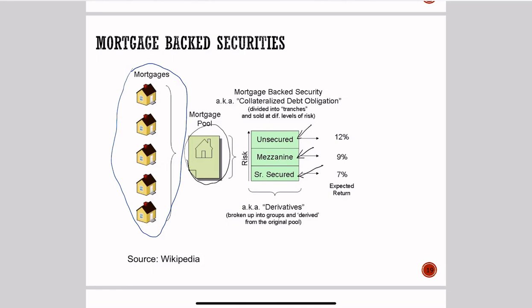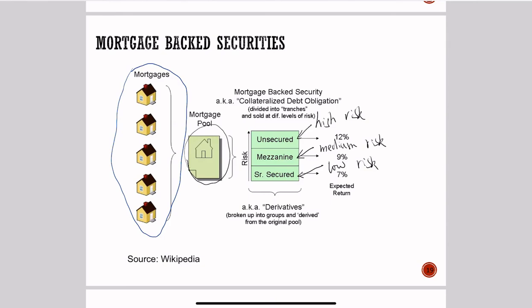To be more specific, it basically means that you could separate this mortgage pool into 3 different types of risks, right? So this is basically high risk. The second one is medium risk. And the third one is low risk. Well, the first one is high risk because it's unsecured. And then the third one is low risk because it's secured.